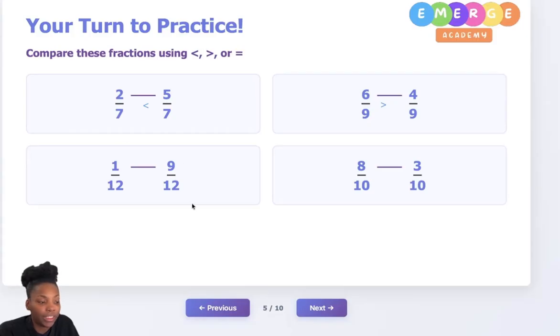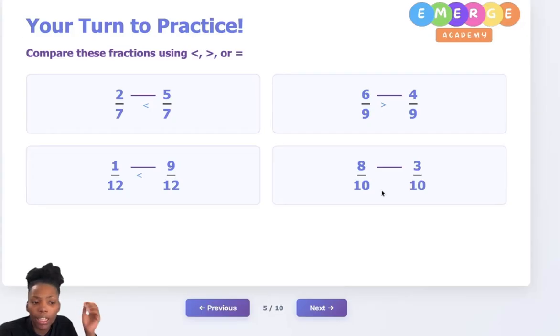Next set of fractions, we have 1/12 and 9/12. Our denominators are the same, so we're going to look at our numerator. 1 is less than 9. So we're going to put our less than sign here to indicate that 1/12 is smaller than 9/12.